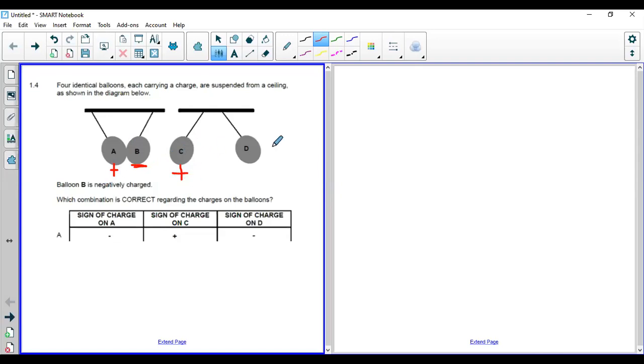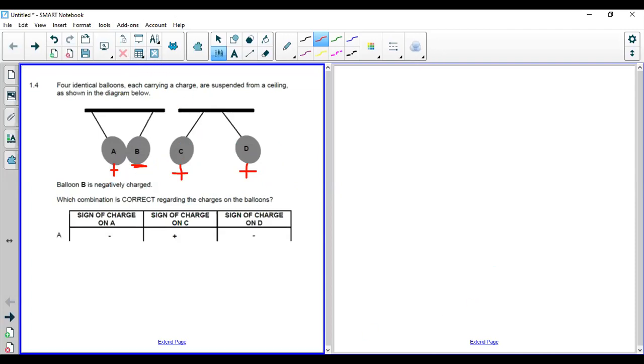Between C and D, they are repelling one another, so D is also positive. So A is positive, C is positive, and D is also positive. That's how you get your answer for this one.